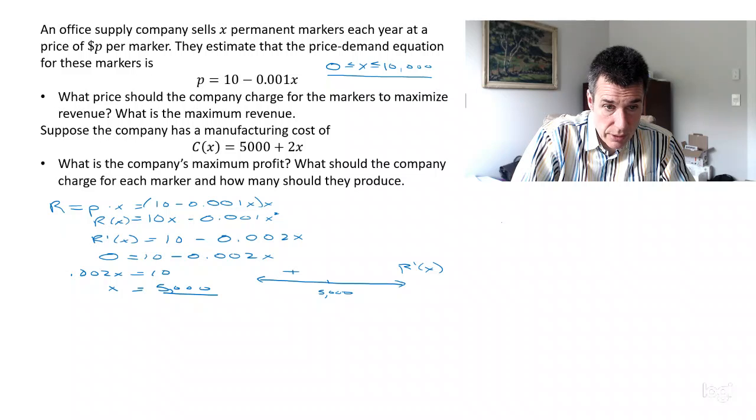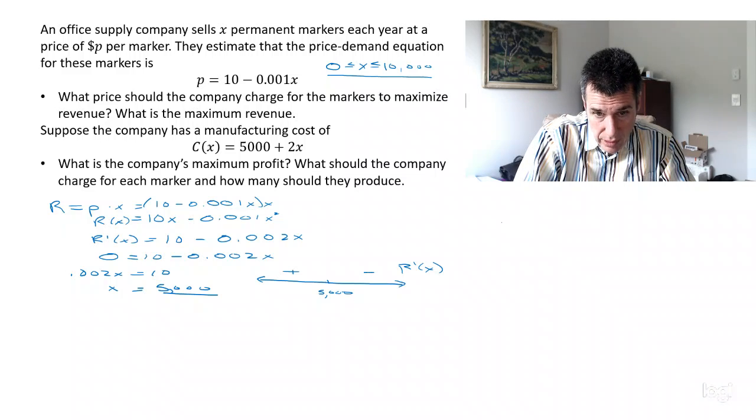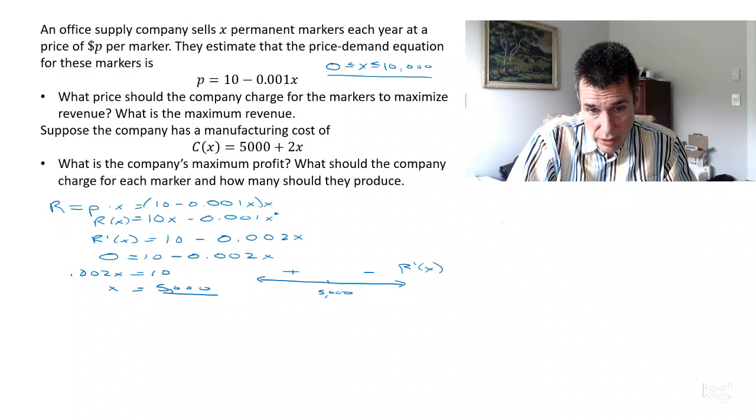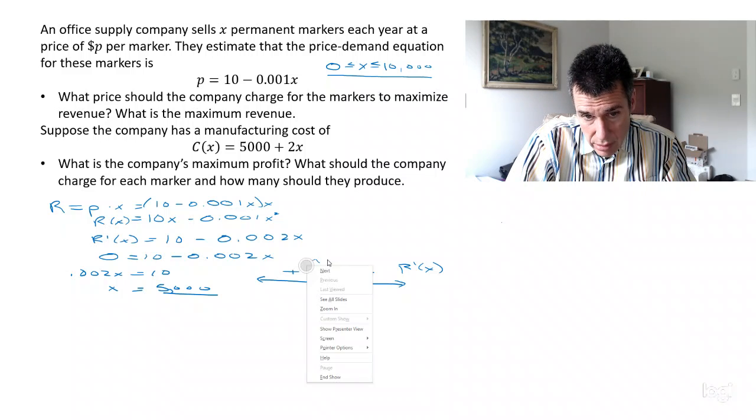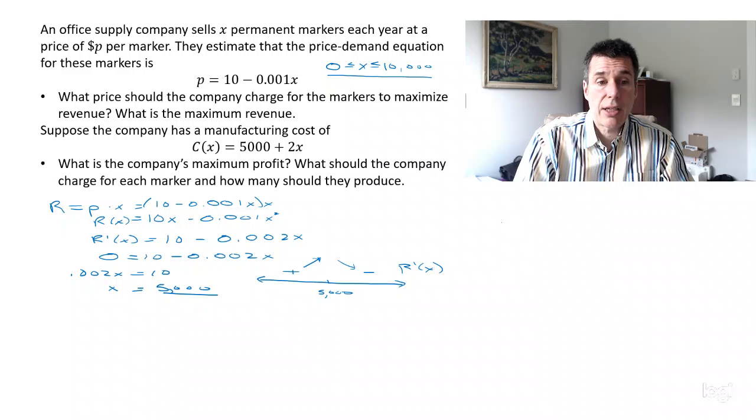We put 0 into this function here, and we have 10. And if we put x equals 10,000, then we know this here is 20, so we get negative. So the function is increasing here, decreasing there, which means this is a maximum.